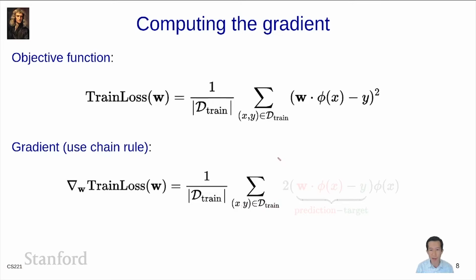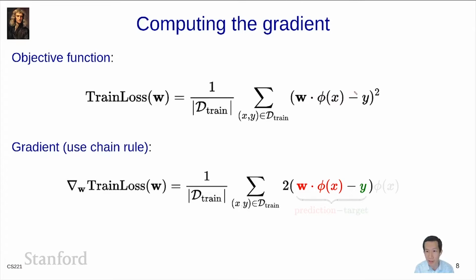And now the interesting thing happens. Here is something squared. The gradient of something squared, you bring down the 2, and then you have the same something, which is, you remember, the residual, times the gradient of what's inside here. And what's inside here is w dot phi of x.